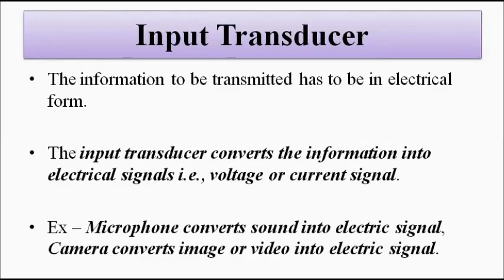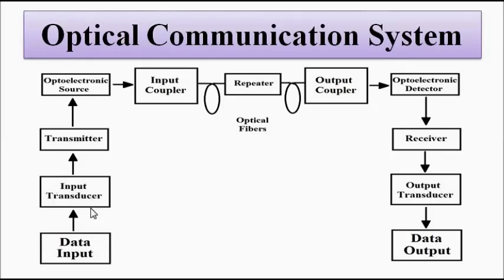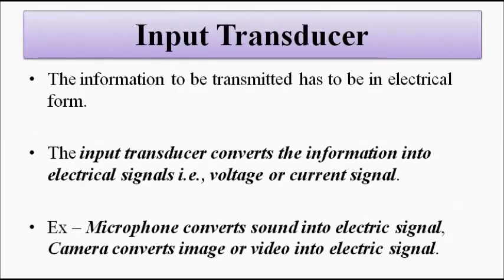Next, the input transducer. The purpose of a transducer basically is to perform energy conversion, and the output of a transducer is in electrical form, that is voltage or current form. Now we know that for the electronic or electrical communication system, the signal has to be in voltage or current form for transmission.